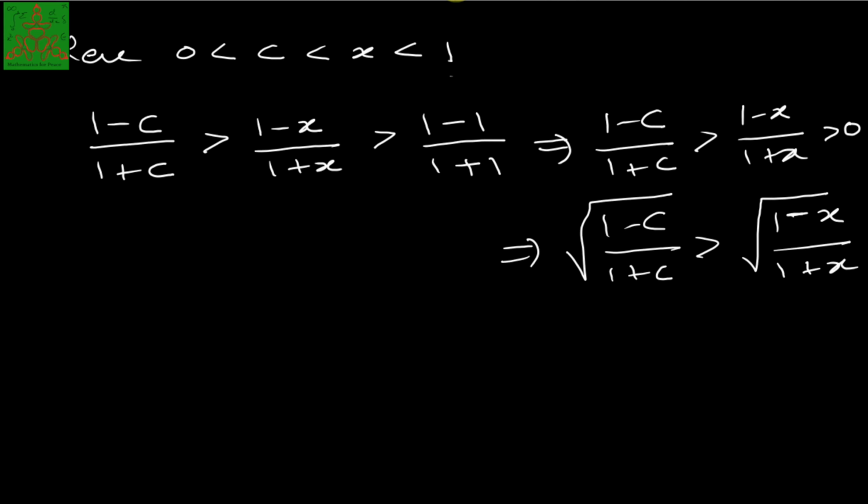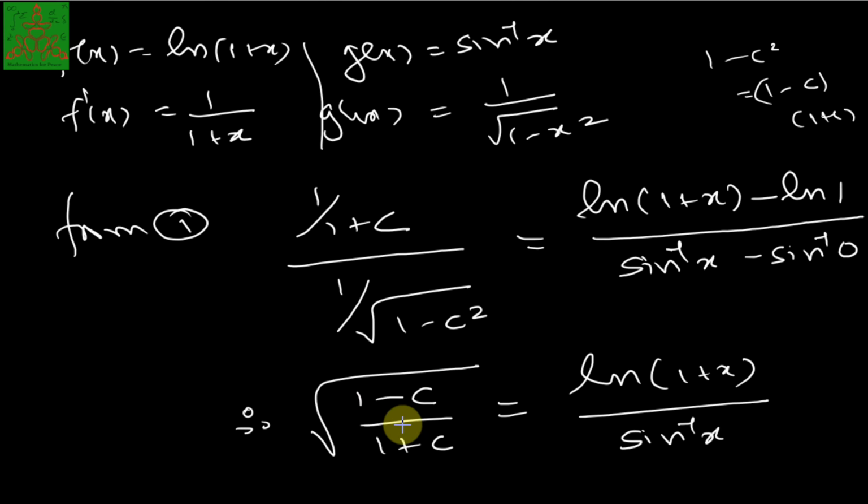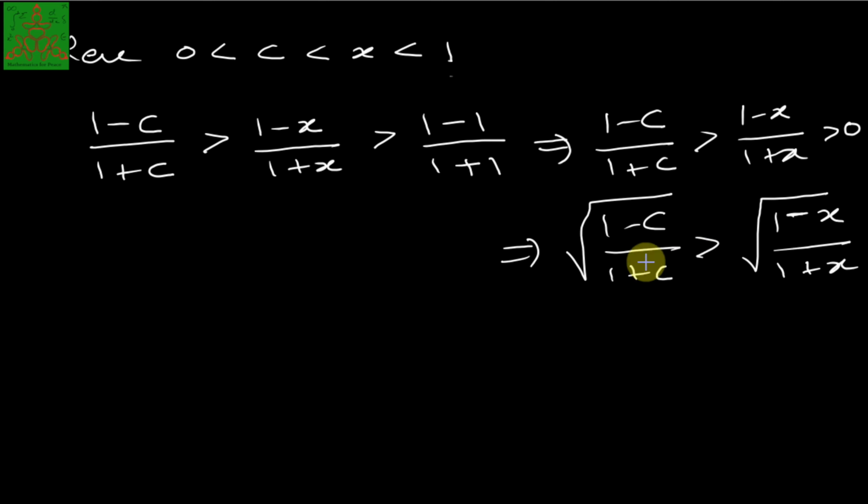So you just observe that here we have this quantity, and we have shown that this quantity is greater than this quantity, which is greater than 0. Let me call this the first equation. And how we achieve this, that also I can tell you.